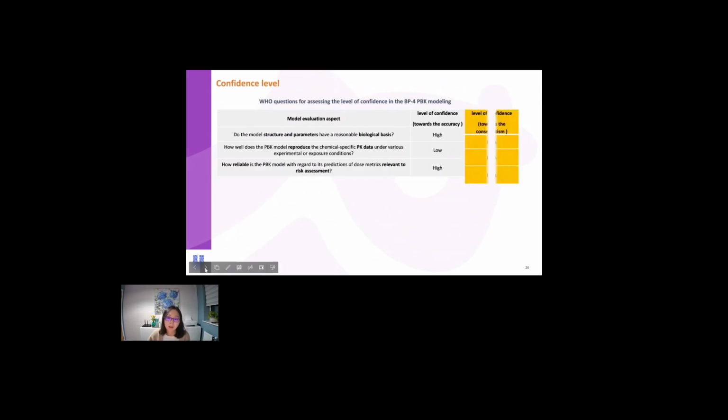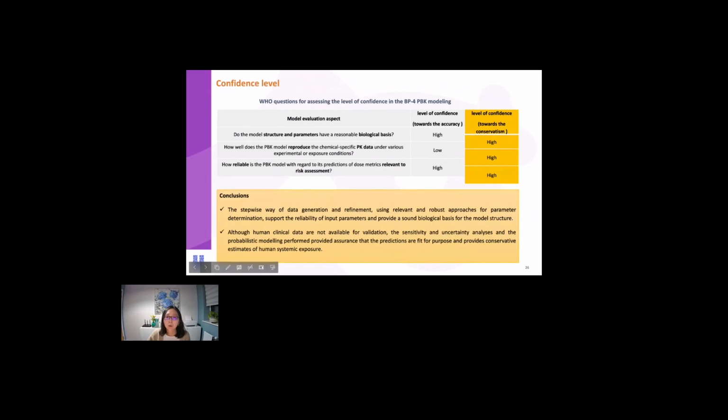So this is my final slide. This is a questionnaire, a table suggested by WHO guidance on PBK modeling for assessing the level of confidence in the PBK model. The first question focuses on the structure and parameters, like whether they have a reasonable biological basis. I think the answer is high.